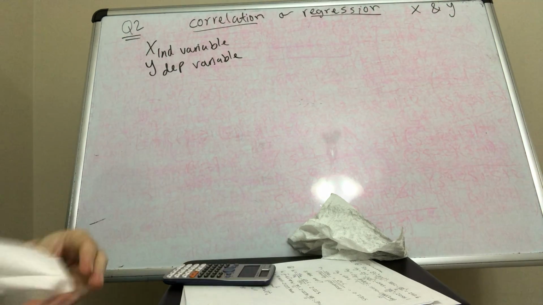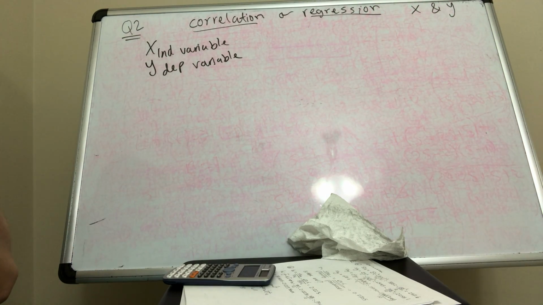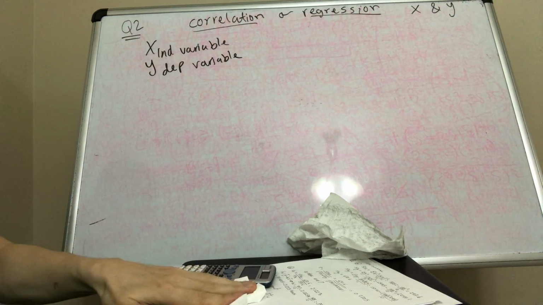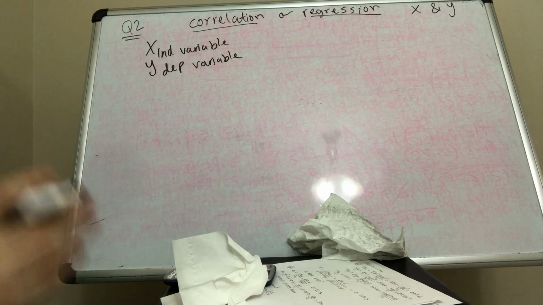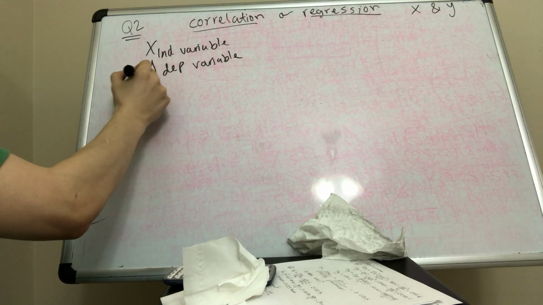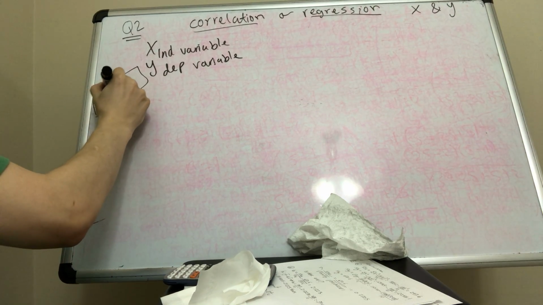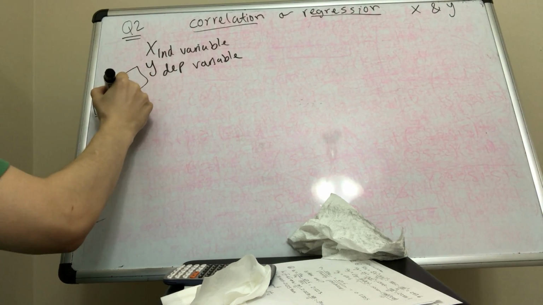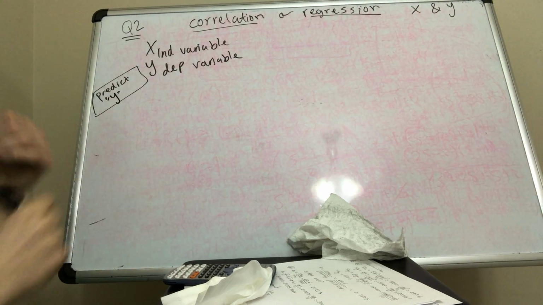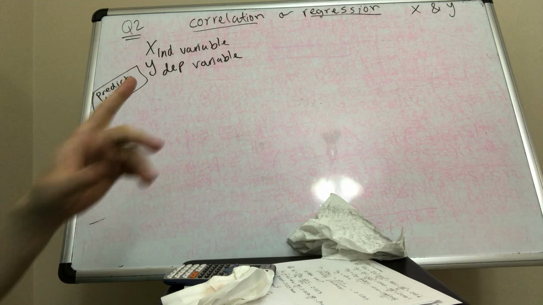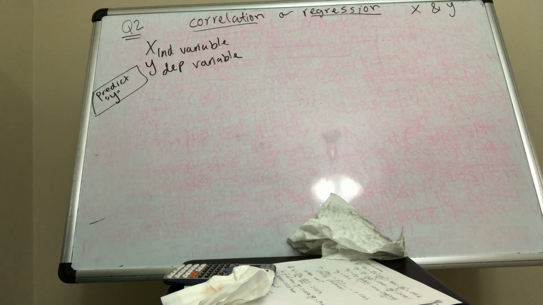And you need to know which of the two is X and which of the two is Y. The trick here is you always predict Y. So you look at the question, you read it carefully, you look for the word predict. You'll see it somewhere in the question.